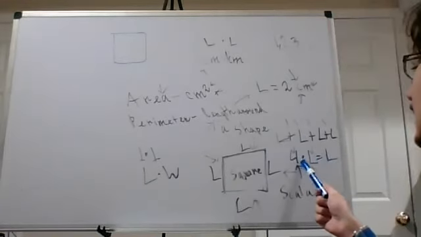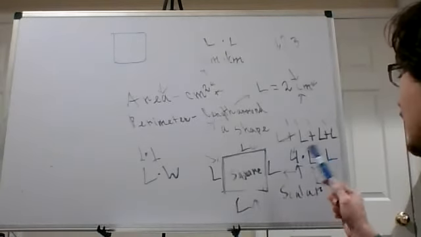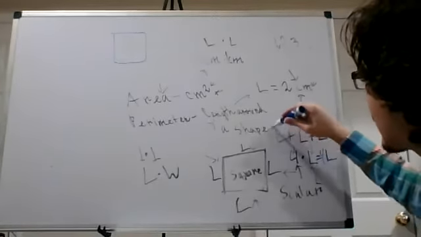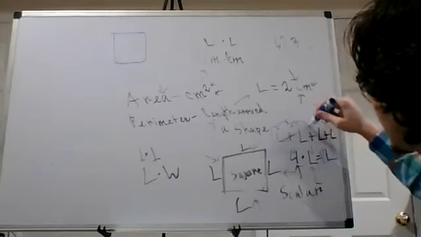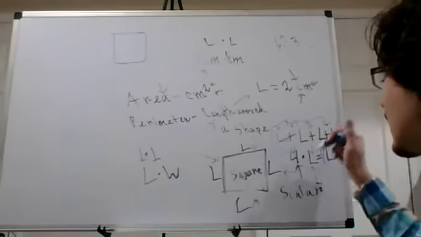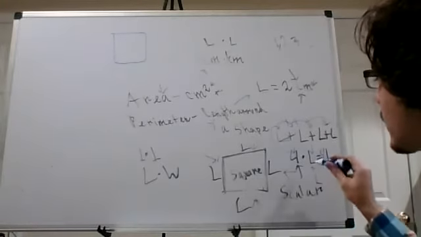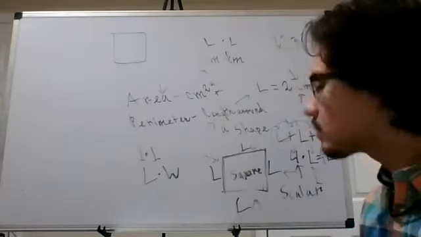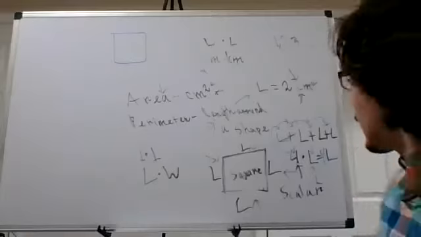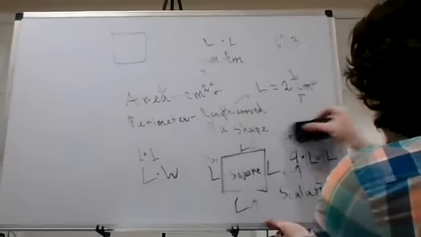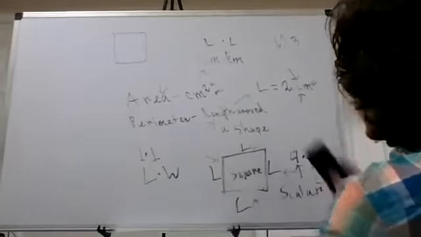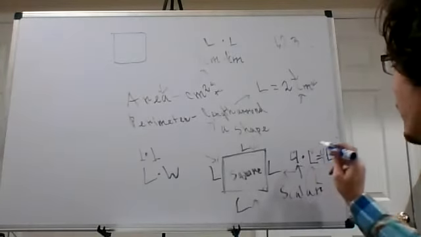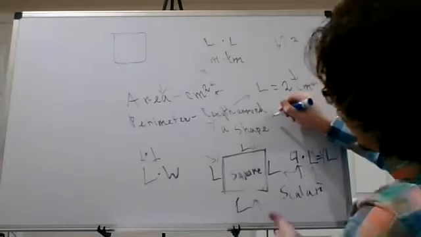The 4 in this context is the same as saying a certain amount of length, because it's the same thing as saying L plus L plus L plus L. So you're not multiplying a length times a length, you're adding a length to itself 4 times. Back to our example, if the length of the square is 2 centimeters, and we know that the perimeter will be 4L, what is the perimeter?